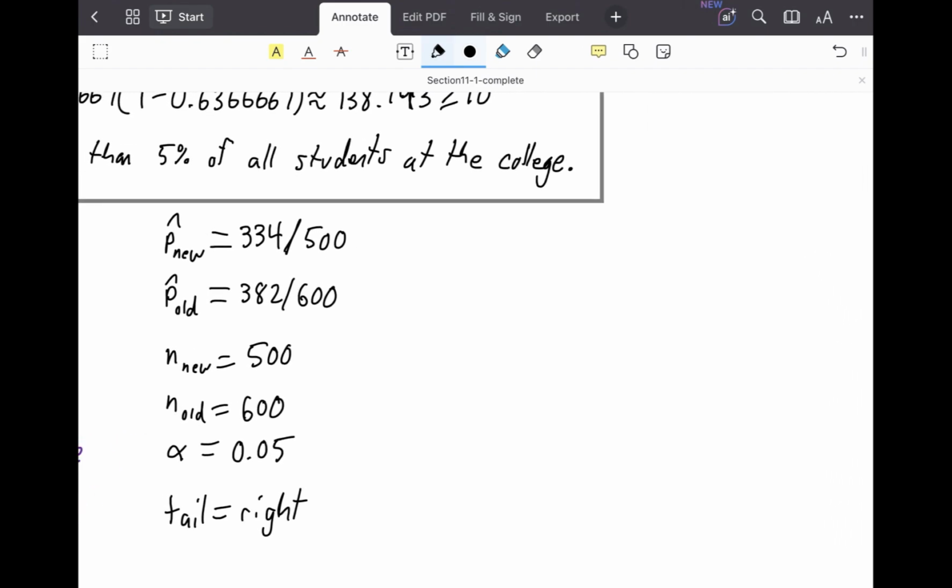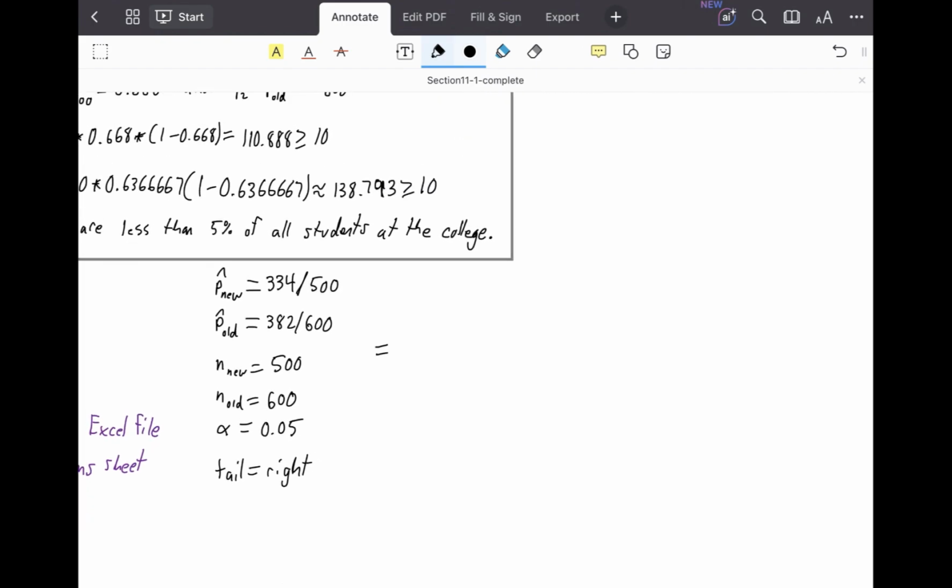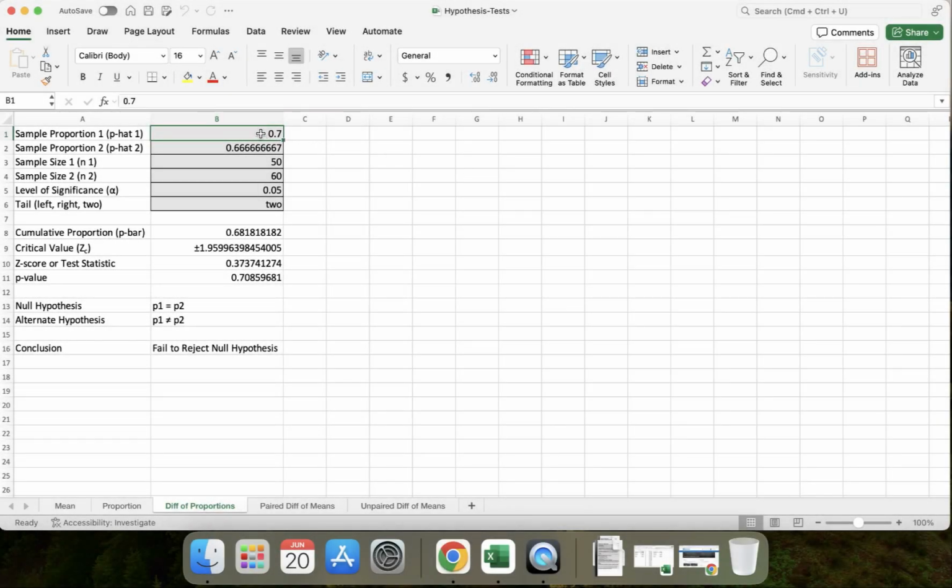And I plug those values in, which will then give me my p-value. So let's plug those in. And I'm going to do the division here. Equals 334 / 500 equals 382 / 600. Put 500 in there, 600, 0.05 is good. And we're doing a right tail test.